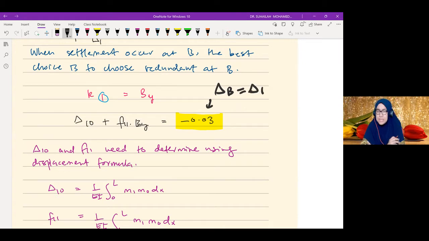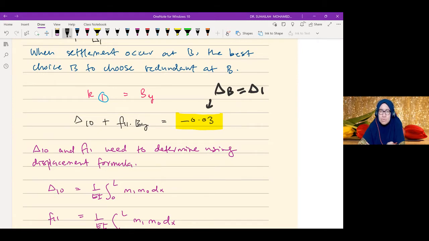Okay, it is the same. Because in the compatibility equation, we use the labels 1 naught, 1, 1, so this is delta 1. If we use delta B naught, FBB, we use delta B. So this is the new equation. That means when we have support settlement, it will only affect the displacement in the actual beam. It does not affect the displacement in the primary beam and the redundant beam.